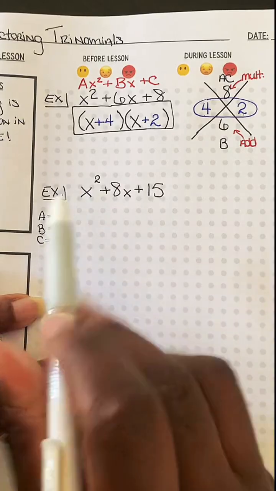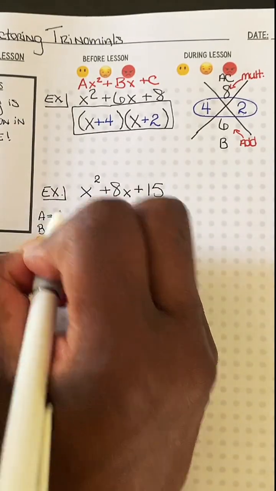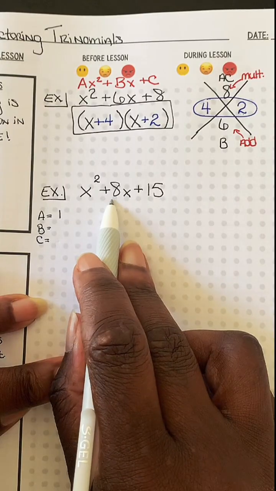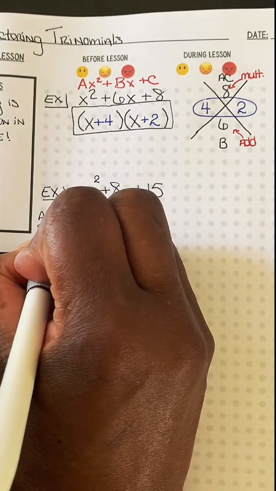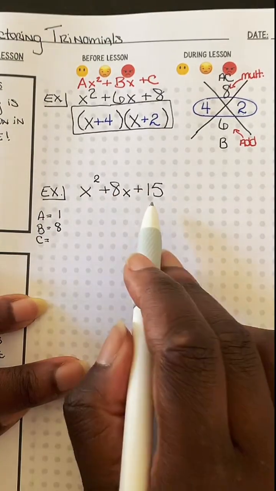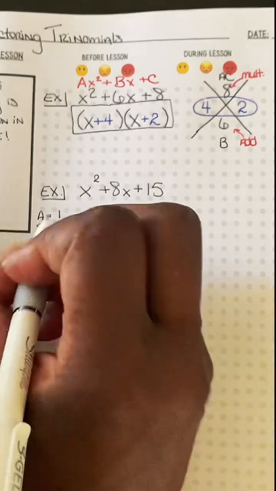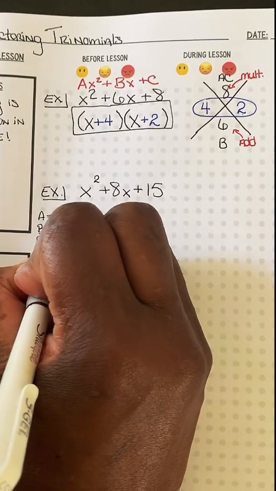If you don't see anything, it's a 1. Your B is always the coefficient of the x, so my B is 8. And the C is always your constant, that's not next to an x. So my C is 15.